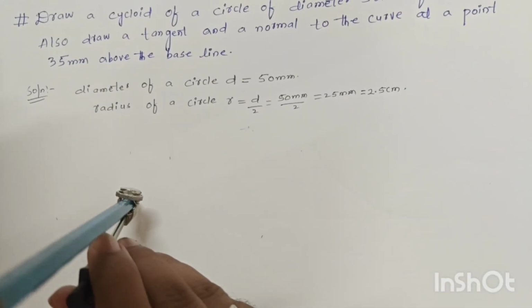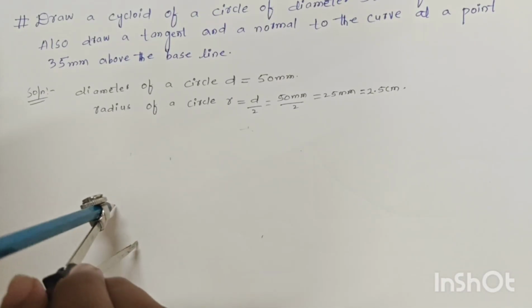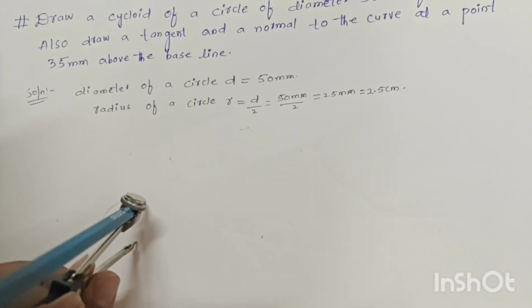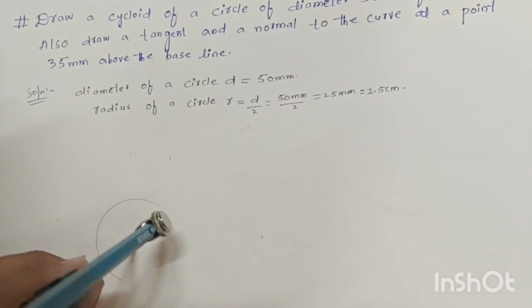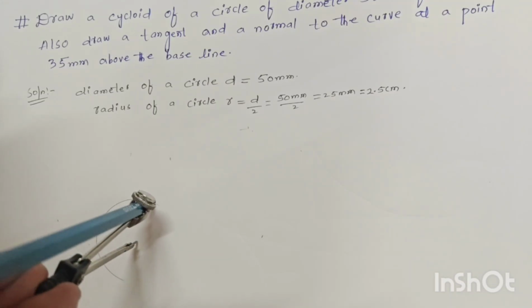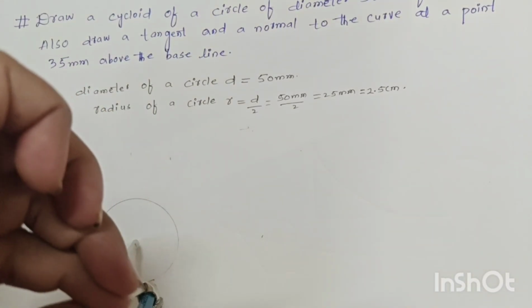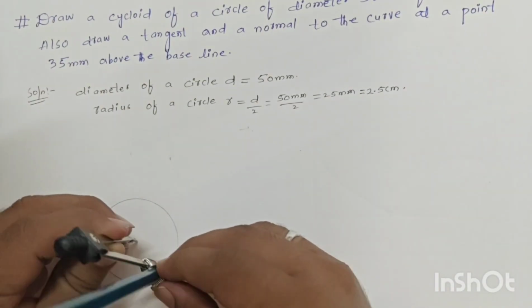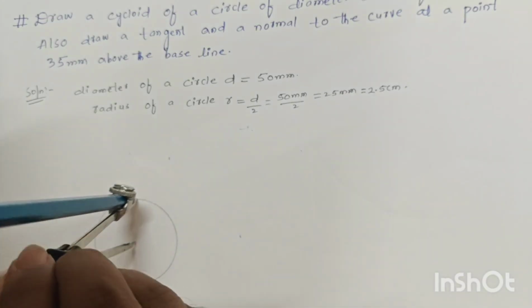First, from this point, you need to draw a circle of radius 2.5 centimeter, 25 mm.